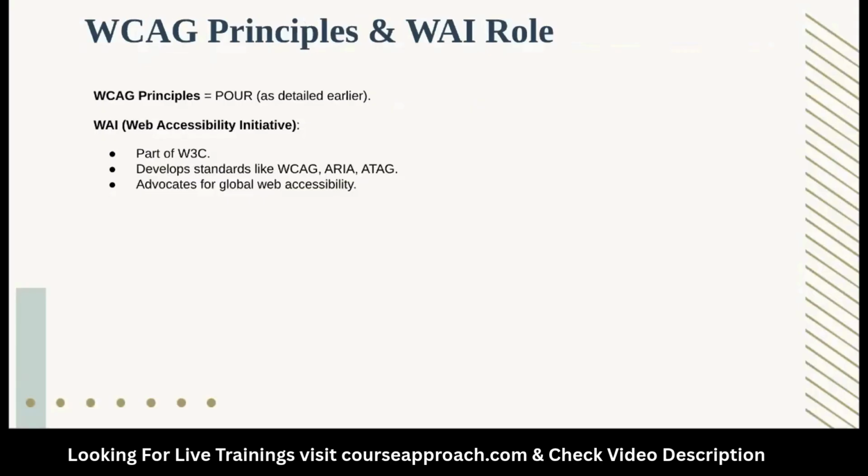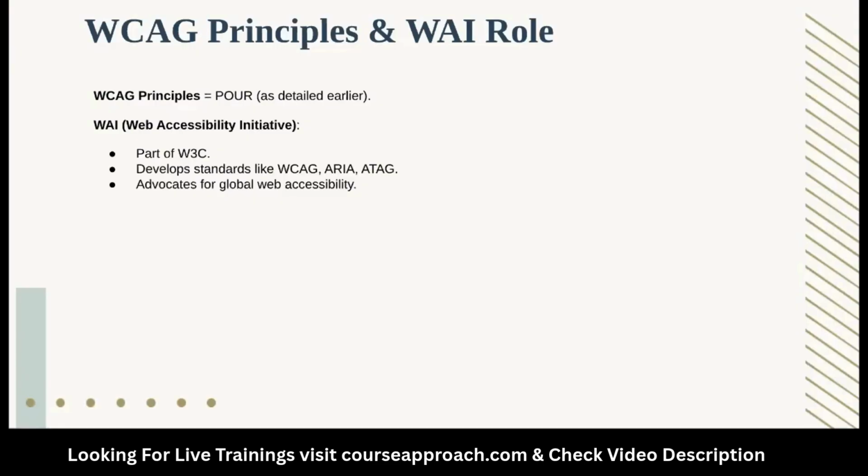Next, as we have discussed earlier, what are the principles and what are the things the Web Accessibility Initiative has taken for this? I have covered the core principles earlier, and we are clear with them. Next, for these WCAG principles, they have developed many parts, with so many success criteria. For example, I will give you one.